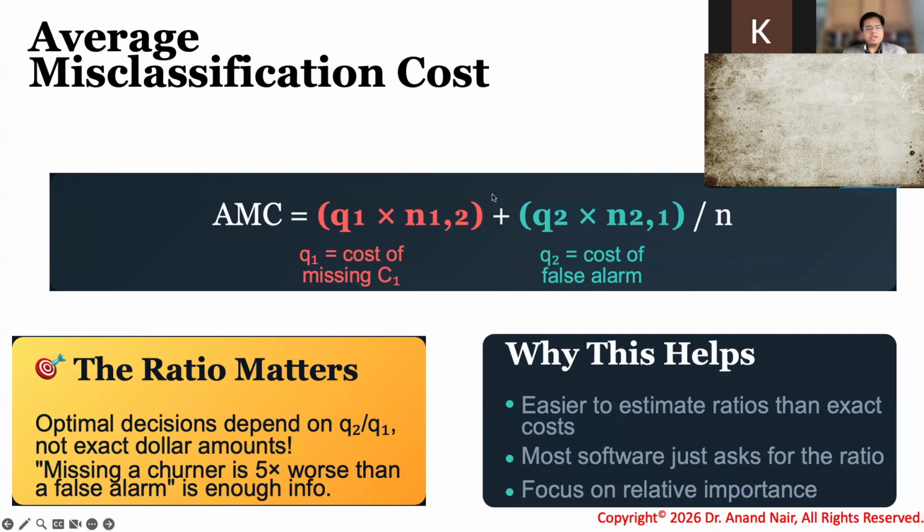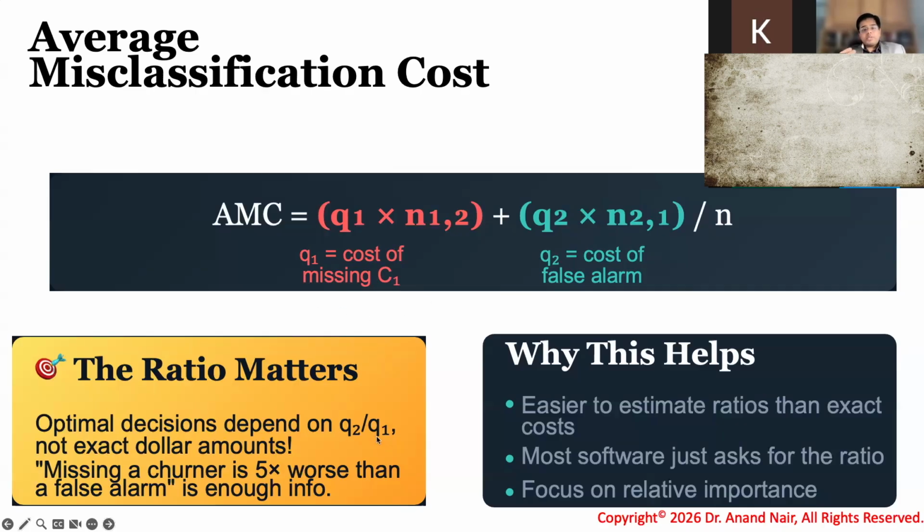So this model might look a little complicated, but you'll see that in the end, what matters is simply a ratio. The ratio Q2 divided by Q1, where Q1 is the cost of missing the customer class, and Q2 is the cost of a false alarm. Right? So assume this one is your emailing cost or mailing cost, and this is the lost revenue. You don't want to lose that.